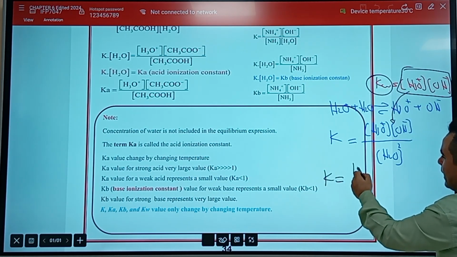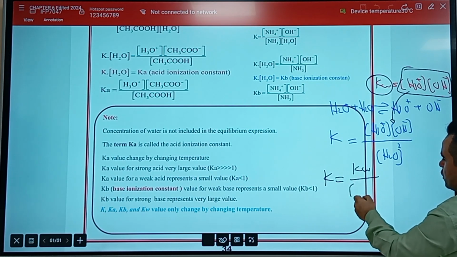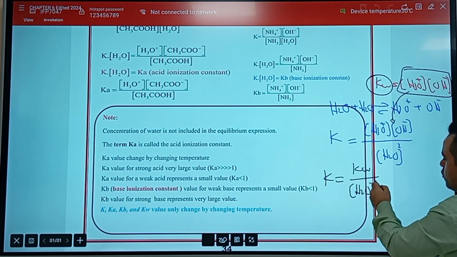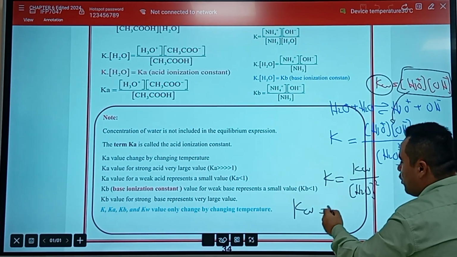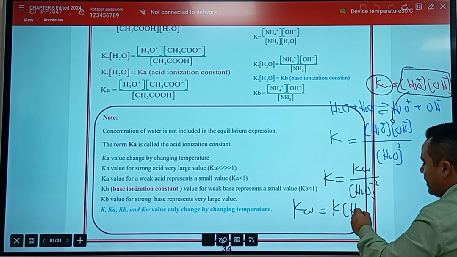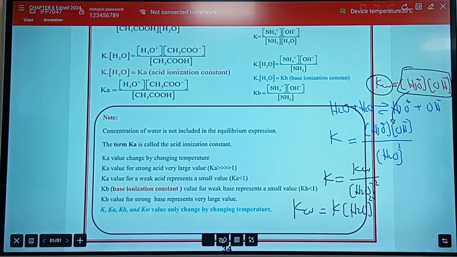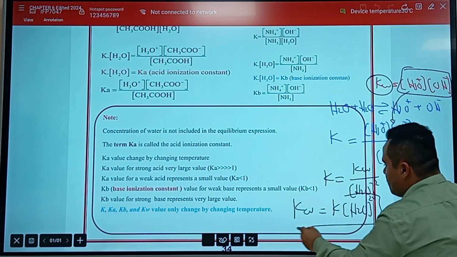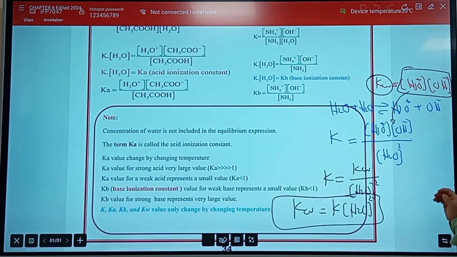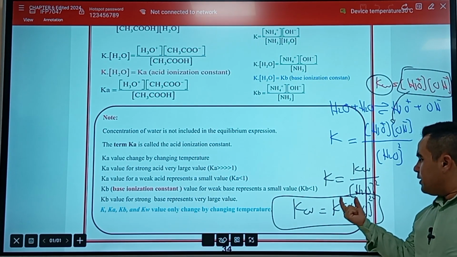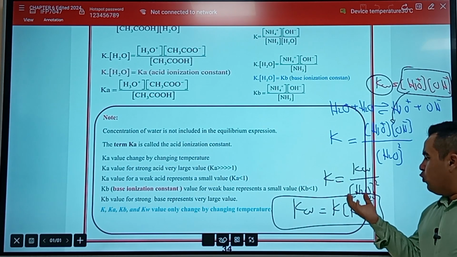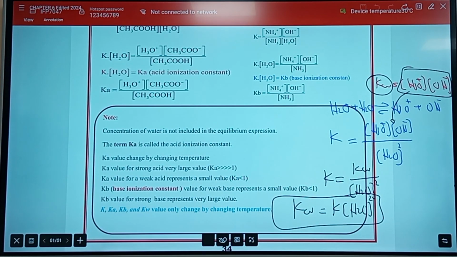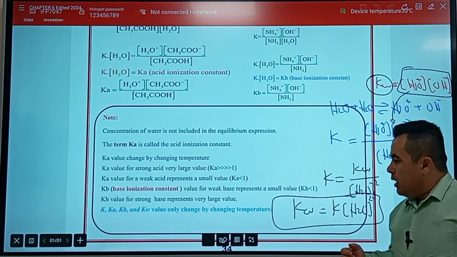K is equal to Kw over the concentration of H2O squared, or Kw equals K multiplied by the H2O concentration squared. That's the equation which represents the relation between the ionization constant of water and the equilibrium constant.